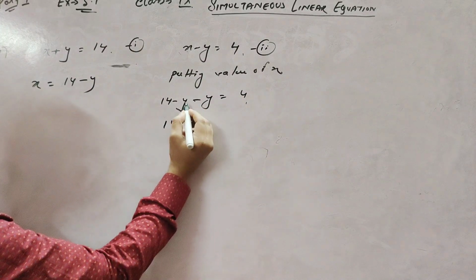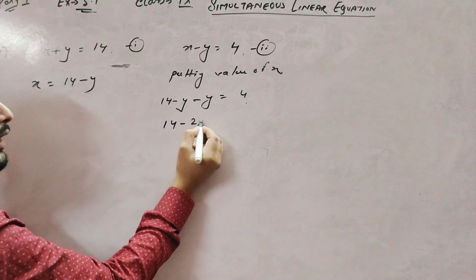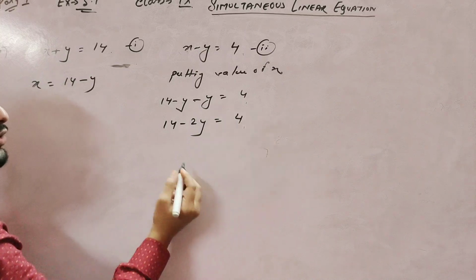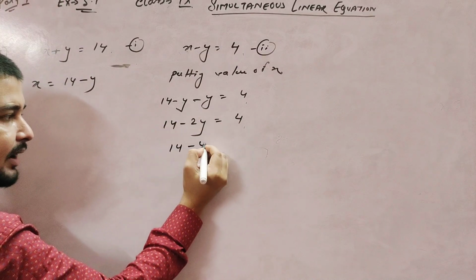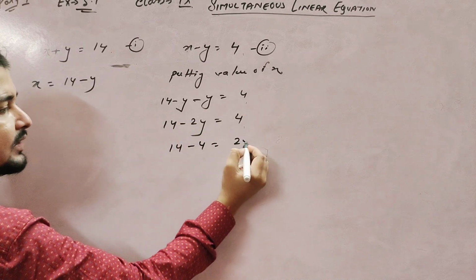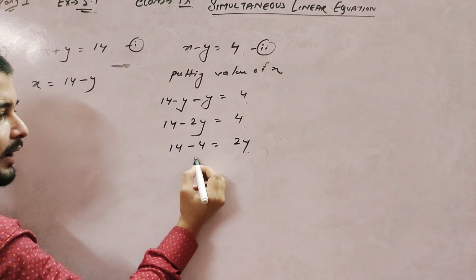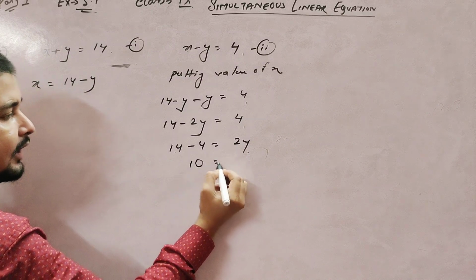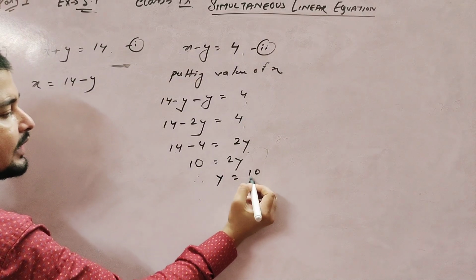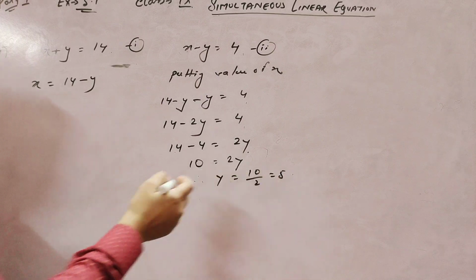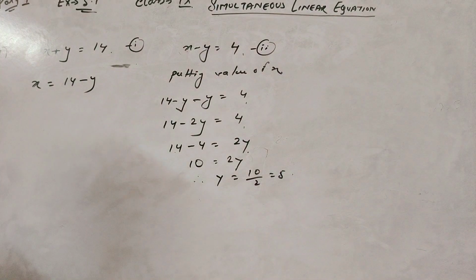That means 14 minus 2y equals 4. So 14, this plus 4 comes this side, that is minus 4, and this minus 2y goes this side, that is plus 2y. So 14 minus 4 is 10 equals 2y. Therefore y equals 10 upon 2, that is 5.